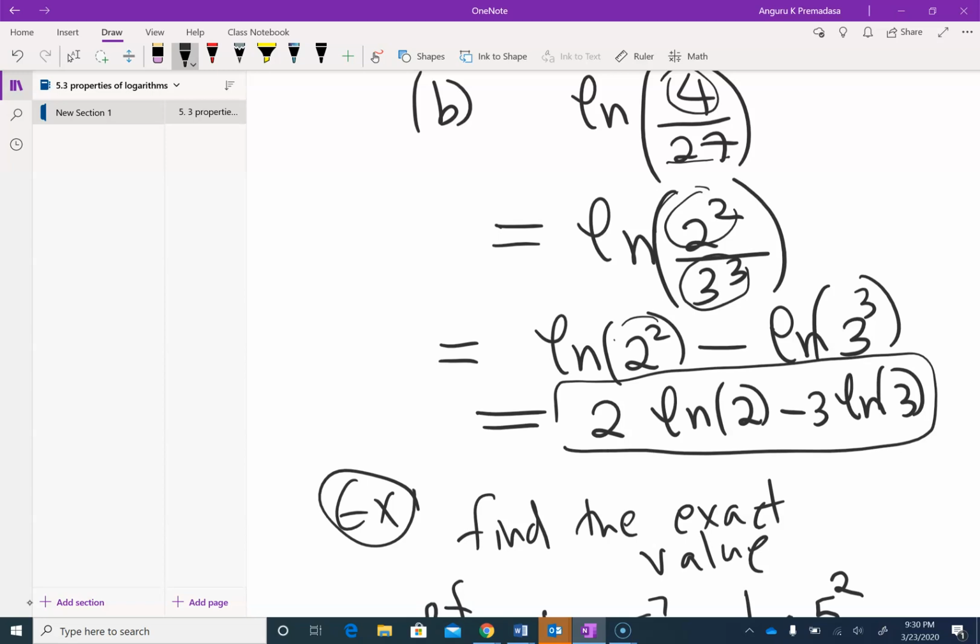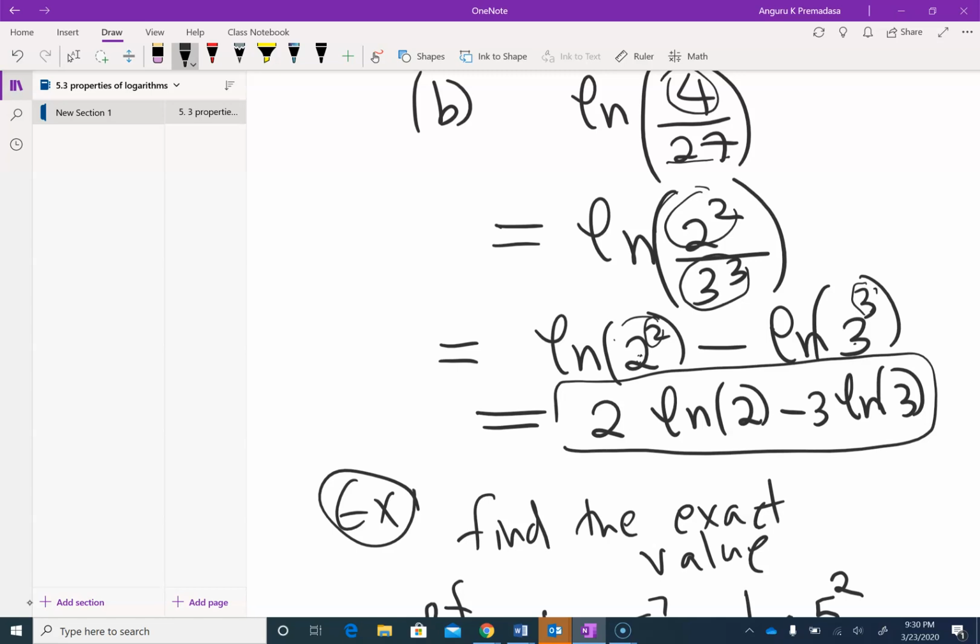Now we are not done yet, because even though we have log of 2 and log of 3, we still have a power there. The final answer should only involve log of 2 and log of 3 without any strings attached. So we use the power rule now. If you have a log of a number and there's a power inside the log, we can bring that power forward.